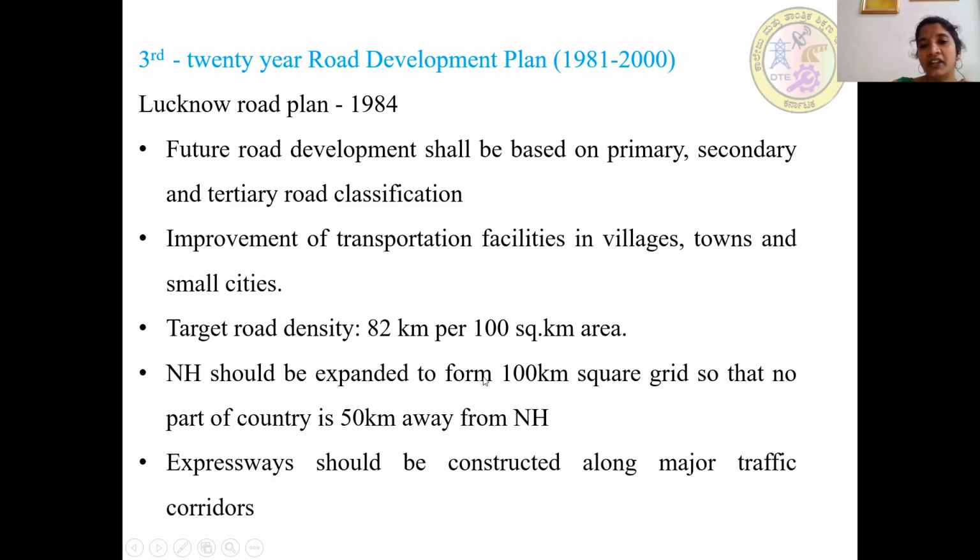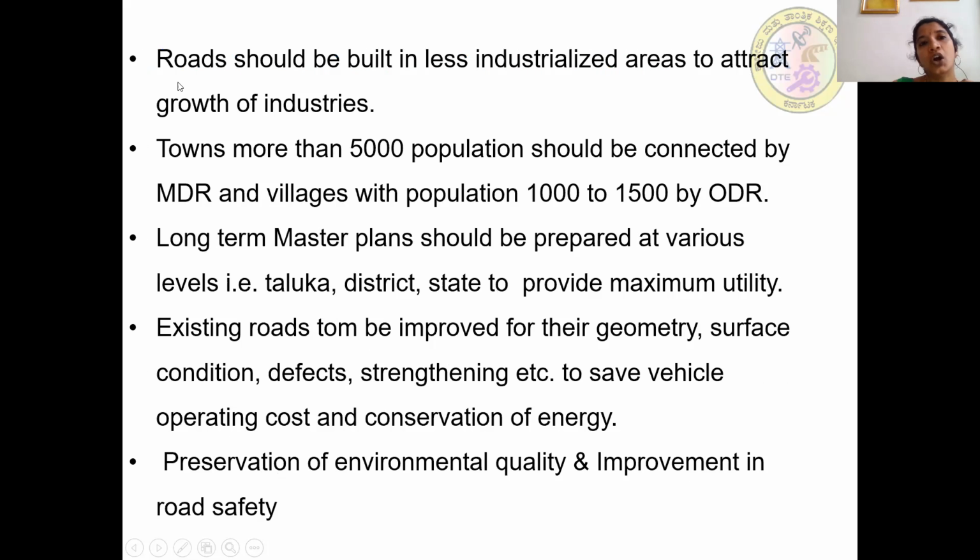NH should be expanded to form a 100 kilometer square grid, so that no part of the country is more than 50 kilometers away from national highways. Expressways should be constructed along major traffic corridors. Roads should be built in less industrialized areas to attract growth of industries. Towns with population more than 5,000 should be connected by MDR, and villages with population 1,000 to 1,500 by ODR.